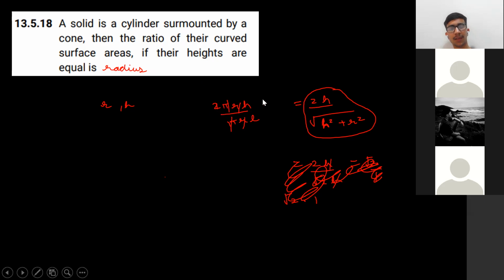Yeah, so that's 2 pi rh, and pi rl is the CSA of the cone. So yeah, that's it. So there is no 2 which gets cancelled out, no? So this 2 remains in the numerator. Okay.